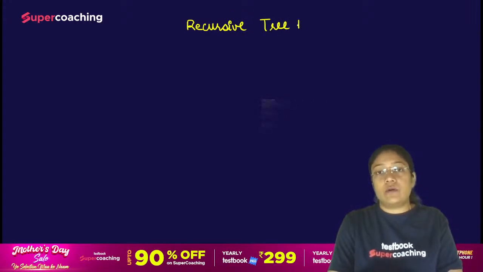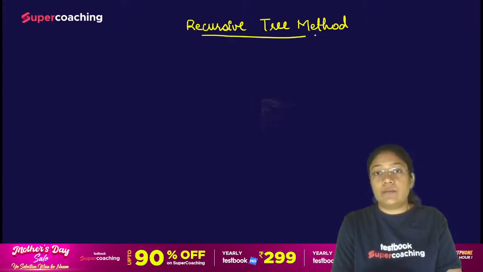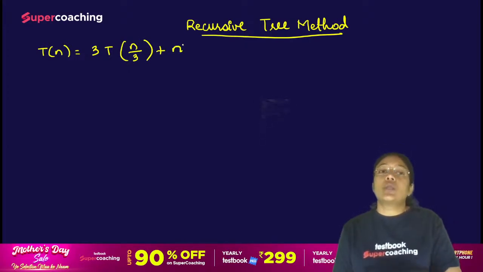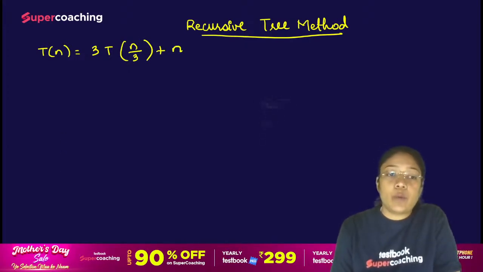Recursive tree method. Let us assume that the recurrence relation is given as T of n is equal to 3T n by 3 plus n. So this means that the given problem, the original problem is having n elements.